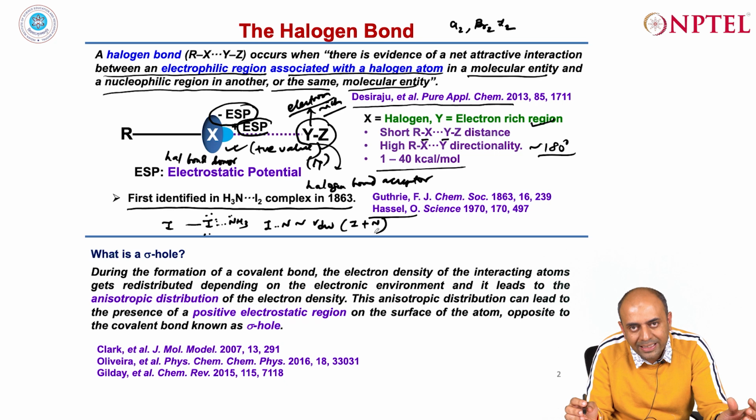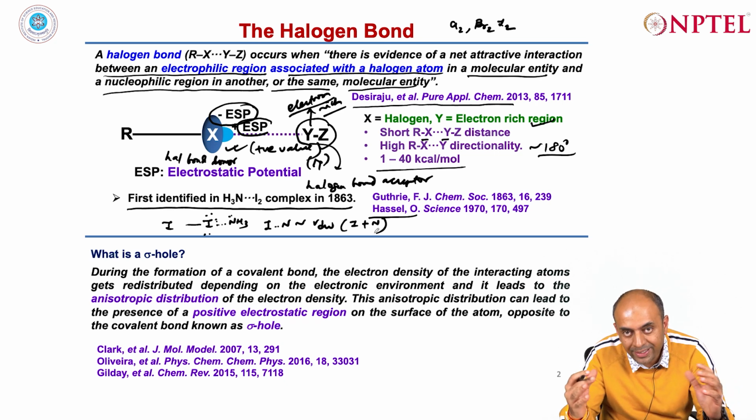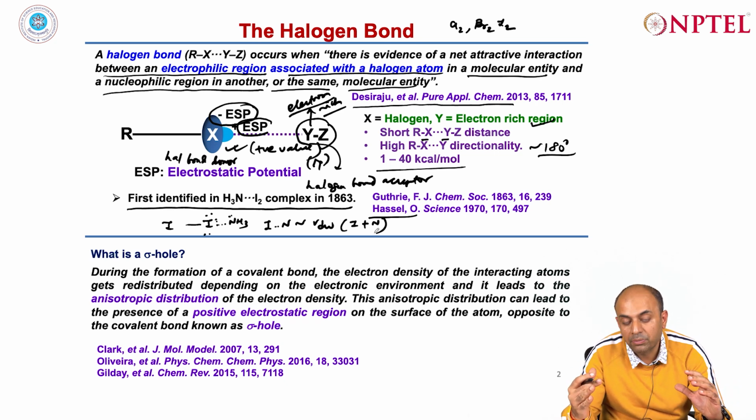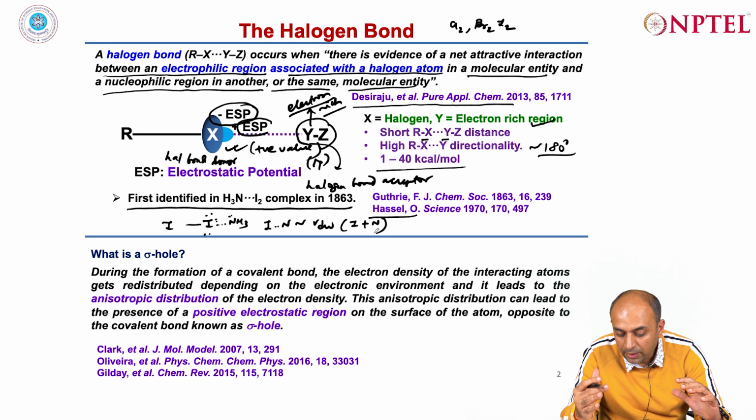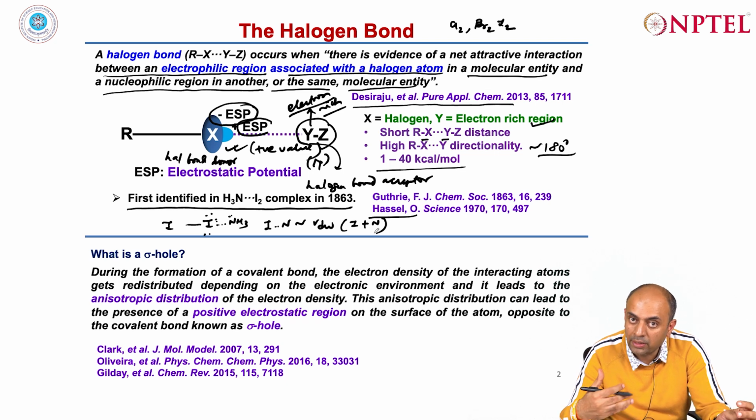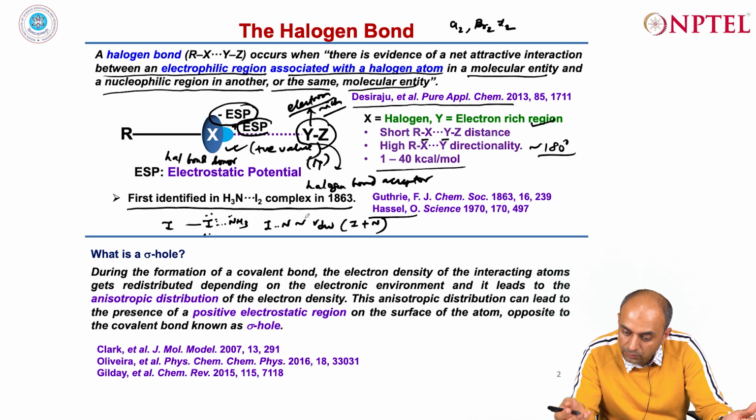Sometimes it is slightly smaller, that means there is a contraction or a decrease in the distance between iodine and nitrogen atoms. That means there is an entity which is having electrophilic character on iodine, which pulls the lone pair density of nitrogen towards itself, and that is what constitutes the origin of the halogen bond, which we have now discovered.